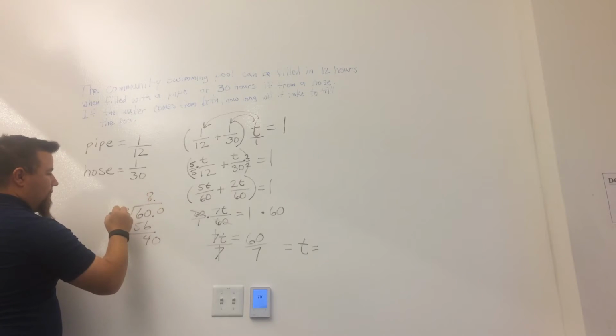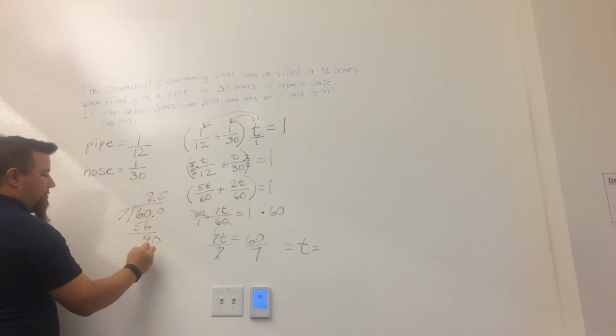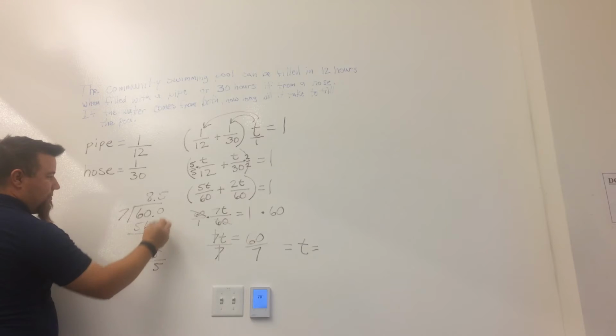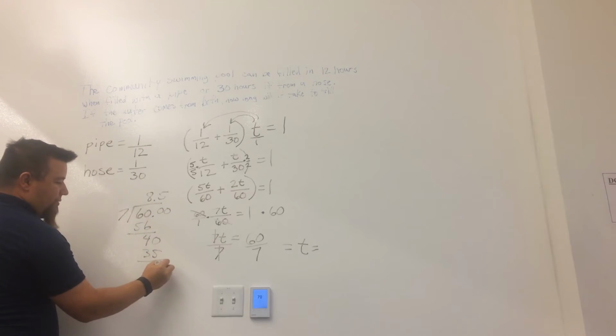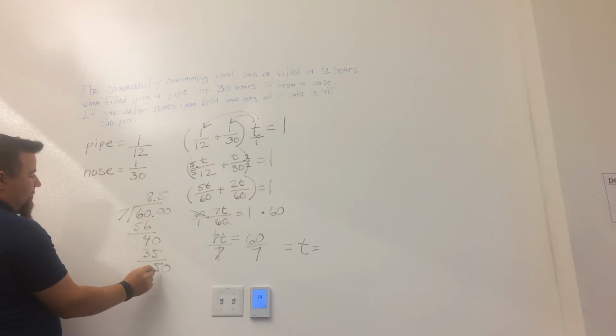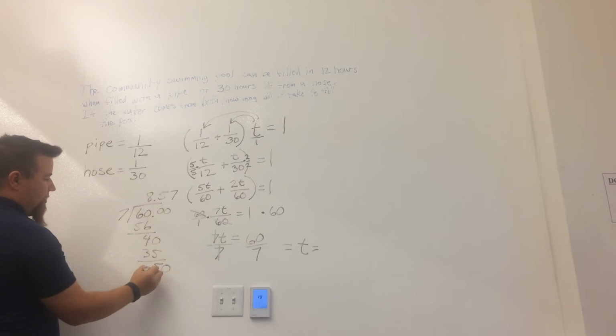So then we have 5 times 7 is 35, and then 5 left over, and bring the next 0 down, and 7 times 7 is 49, remainder 1.